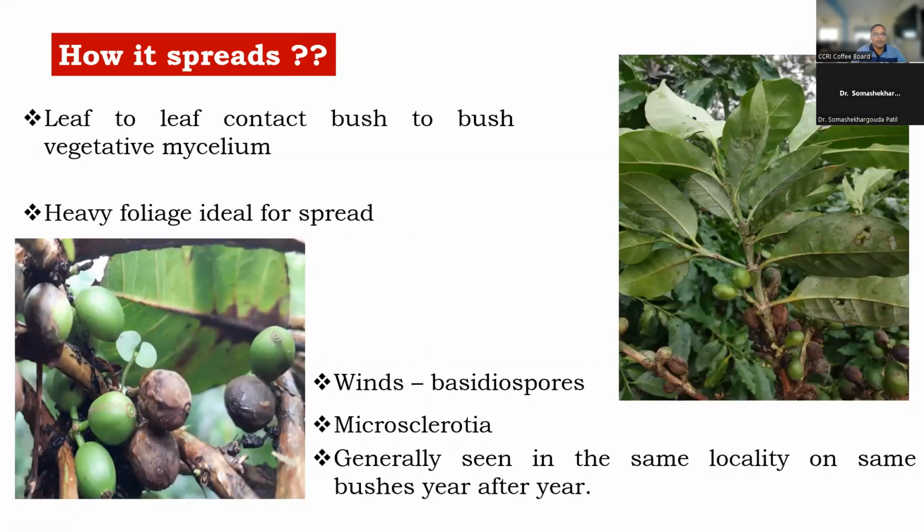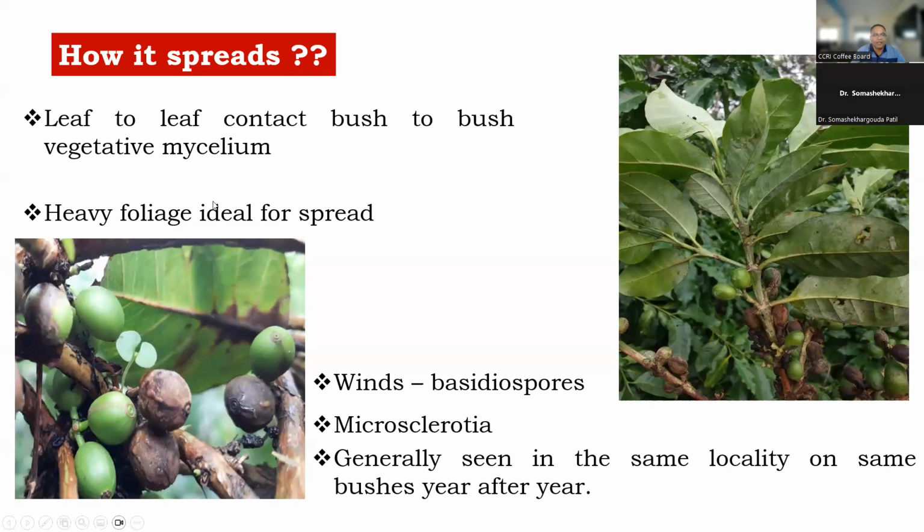How does it spread? This black rot disease, as we discussed earlier, on the lower surface of the leaves as well as on the twigs, there will be a mycelial growth that is called a pellicle stage. This vegetative mycelium spreads by contact, leaf to leaf contact or branch contact, from one bush to another bush, and even in the same bush it will spread to the other branches.